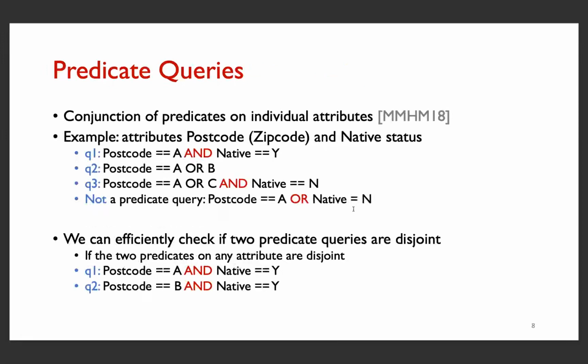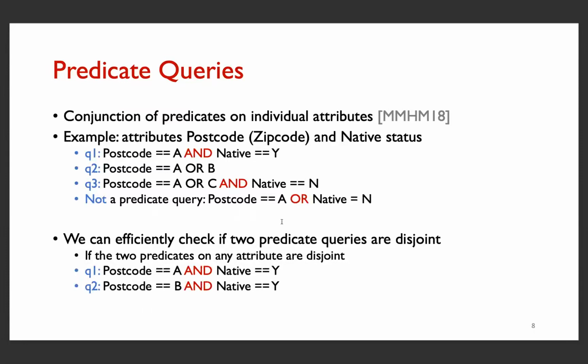So in order to tame this complexity, we focus on a subset of queries called predicate queries. These are defined as conjunctions of predicates on individual attributes. So Q1 to Q3 are examples of predicate queries. On the other hand, the query that says postcode A or native equals N is not a predicate query because it's actually a disjunction.